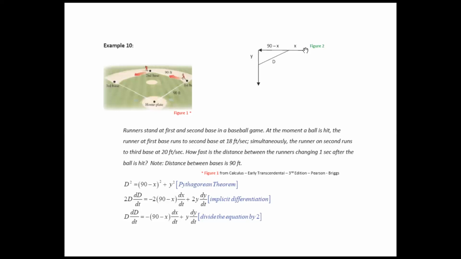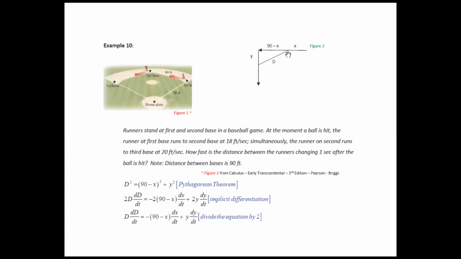At the end of 1 second, base runner 1 has gone this far, okay? There's this much further to go. It's gone X, the whole distance is 90, so this is 90 minus X. The runner from second base goes Y distance. So this part of the triangle is Y, and this part of the triangle is 90 minus X.